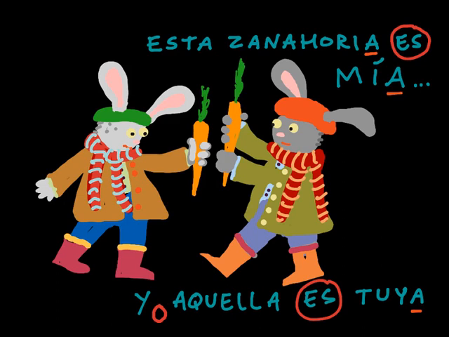Zanahoria is a feminine, singular noun, and that's why it will be mía. Make sense? Because it's feminine, singular. Aquella, feminine, singular. Tuya, feminine, singular. See how it fits together?